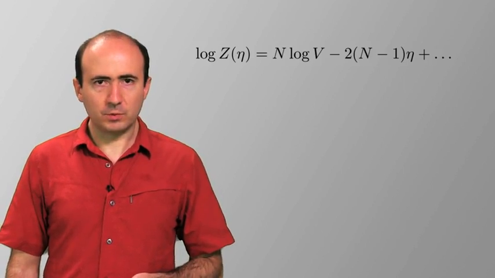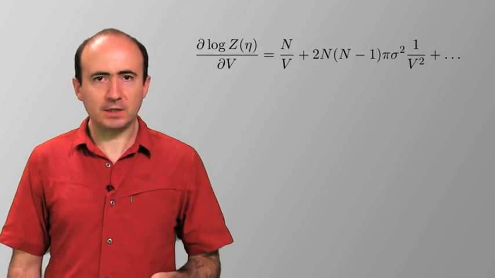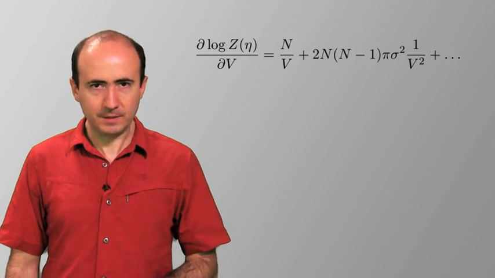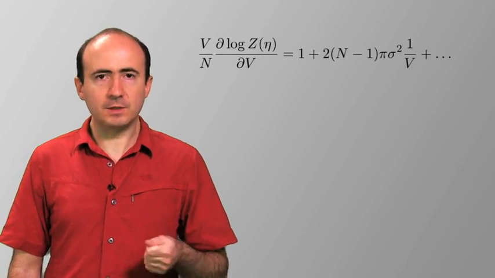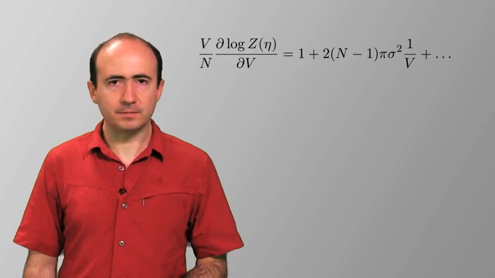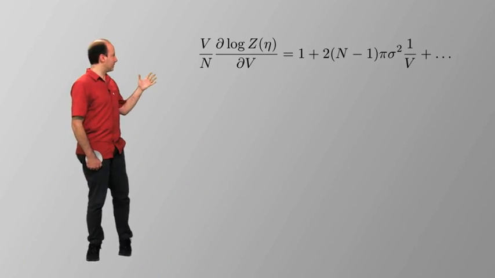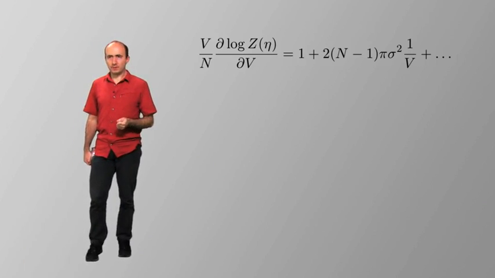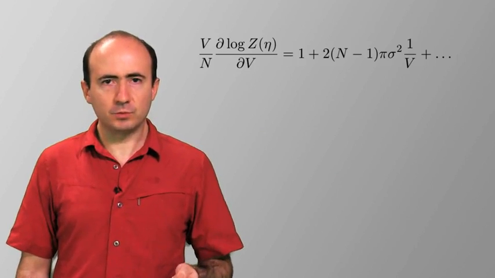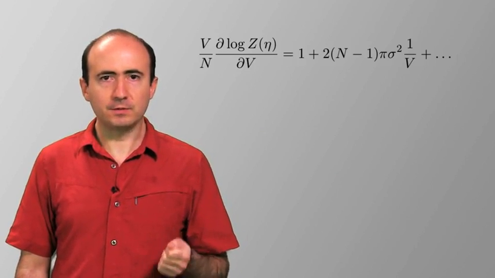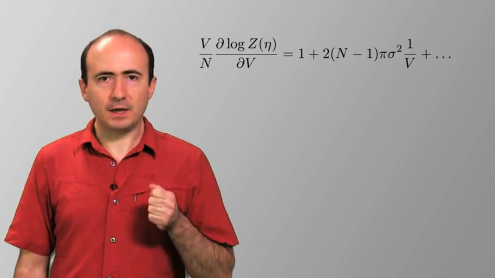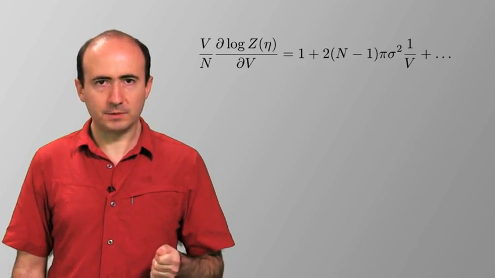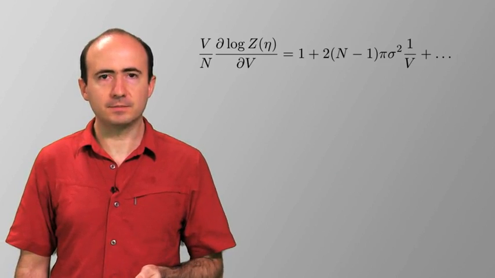To do so, we can first differentiate log of z of eta with respect to v, and then multiply by v over n. You obtain the following expression. The first term is a constant equal to 1, and it corresponds to the partition function v to the power n of the ideal hard disk gas of radius 0 that Alberto explained.